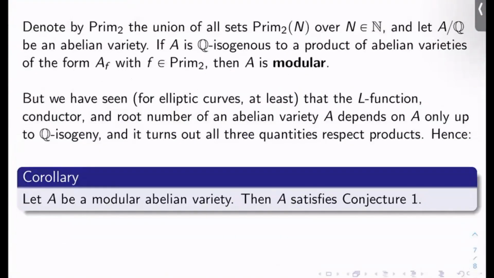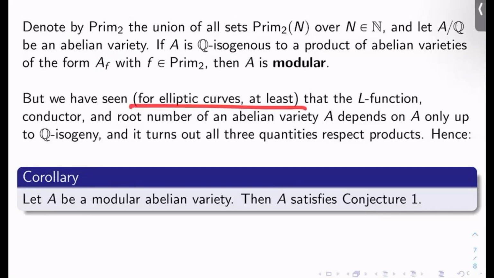Interesting. Let's bring this all back together and push this toward the concept of modularity. Let's let Prim_2 be the union of all the sets Prim_2(N) as N ranges over all the natural numbers. And let A over Q be any abelian variety. If A is Q-isogenous to a product of abelian varieties of the form A_F, where f is in Prim_2, then we'll call A modular, a familiar definition generalized to abelian varieties from elliptic curves.